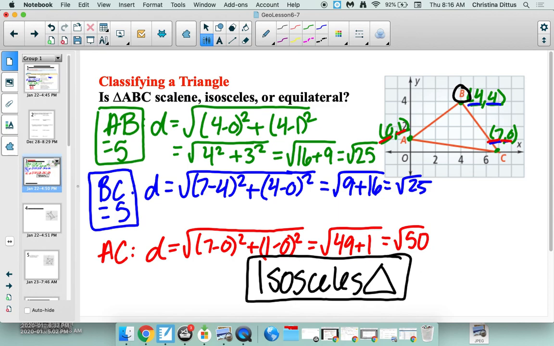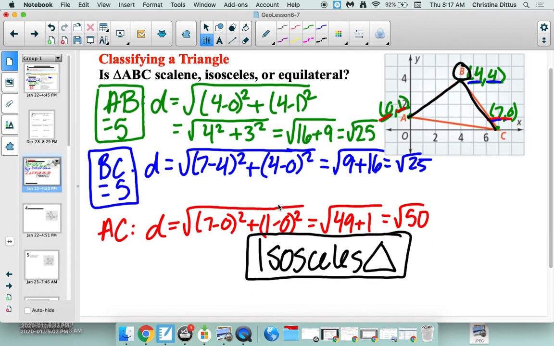Perpendicular, which means are the slopes the same or are they opposite reciprocals? Opposite reciprocals. Okay. So when we look at our slopes, we're going to look at AB and BC because that's what makes up that angle B, right?